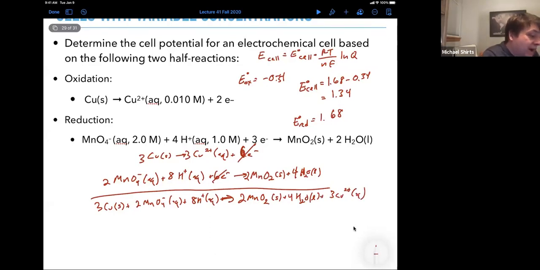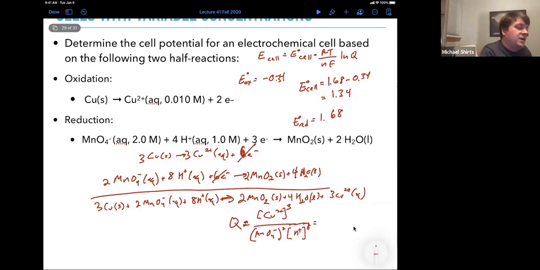So let's write out the expression for the reaction quotient. On the product side, we just have Cu2+, cubed. We have solid and liquid there, so those aren't included. And for the reactant side, we have MnO4 minus squared and H plus to the 8th. Okay, and that is all the species involved there.